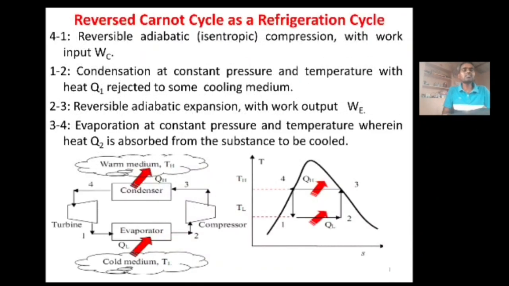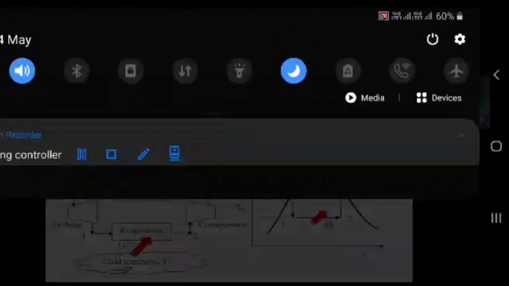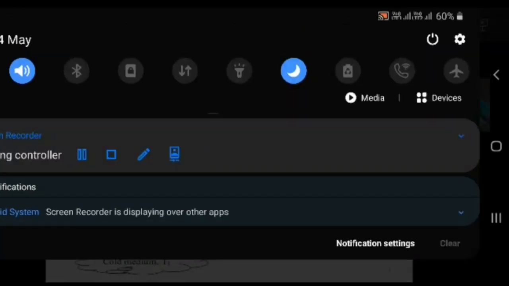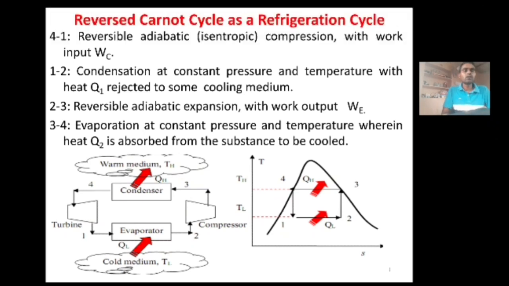Now, this is the very important one, reversed Carnot cycle. We all know Carnot cycle is the basic cycle for heat engines, right? So that is the ideal cycle for heat engines.